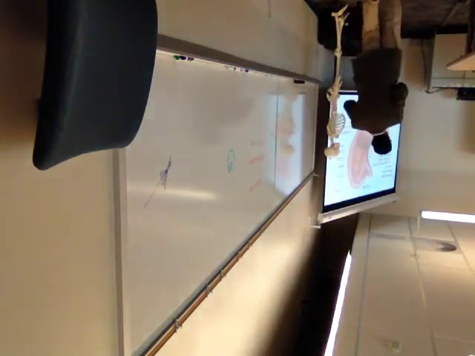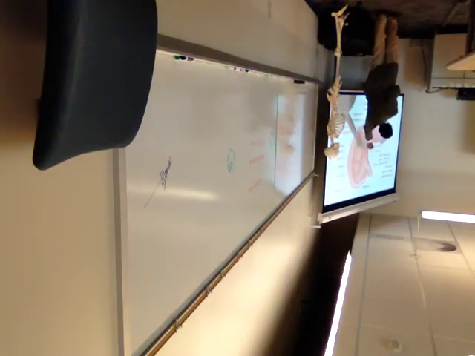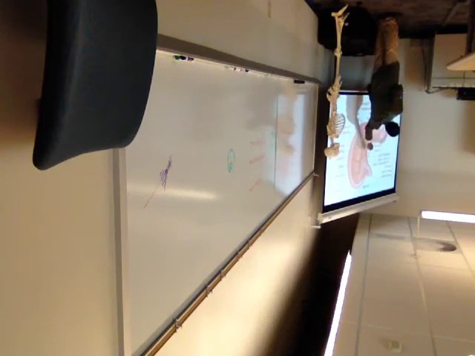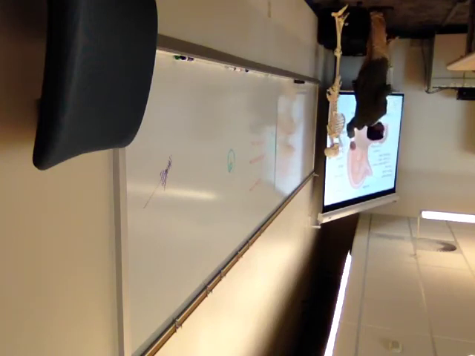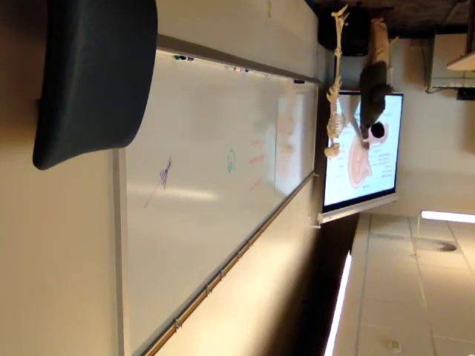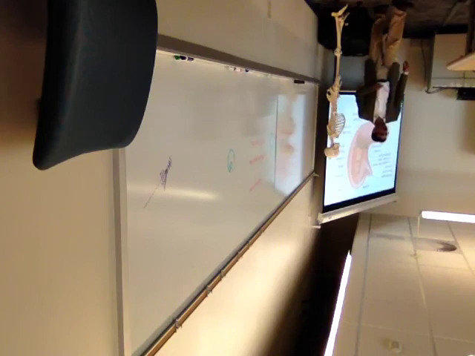Okay. Now, lesser and greater omentum. If you see the stomach, it has two curvatures. This is the lesser curvature, and this is the greater curvature. Okay, this one is greater and this one is lesser, smaller one.